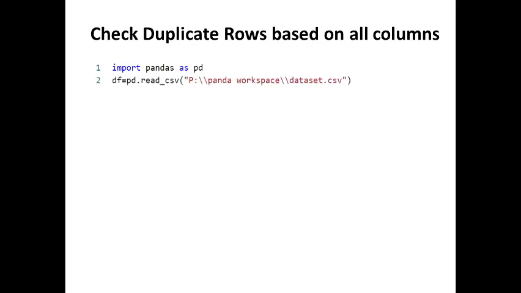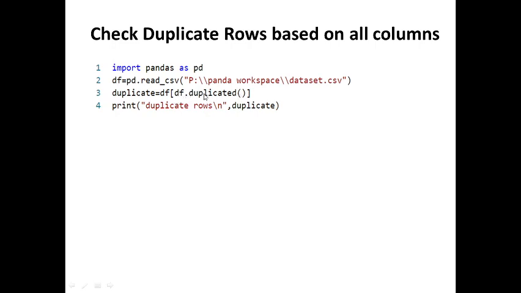So here we have code segment. First statement, we need to import pandas as pd. Then this syntax is to read CSV file. This we have already covered, how to load data from different resources to data frame, right? Now the next statement is, we are writing df and then inside square bracket we are writing df dot duplicated.